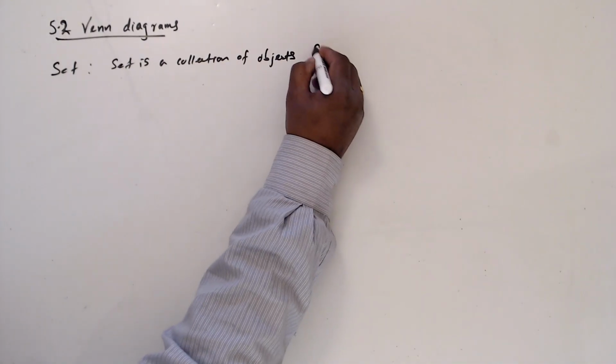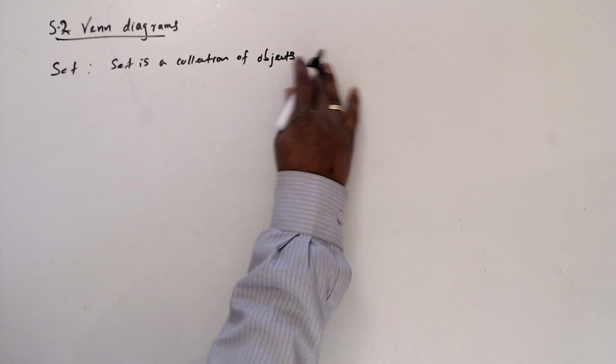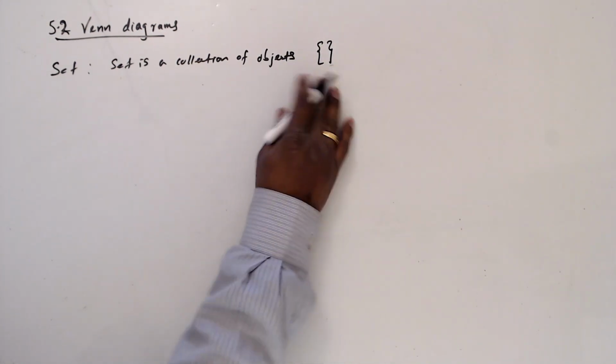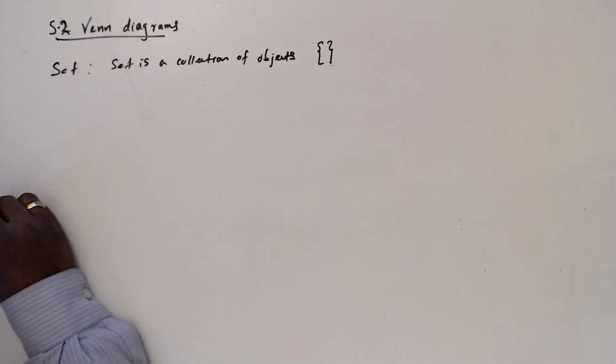Symbolically we put this bracket to represent the set.